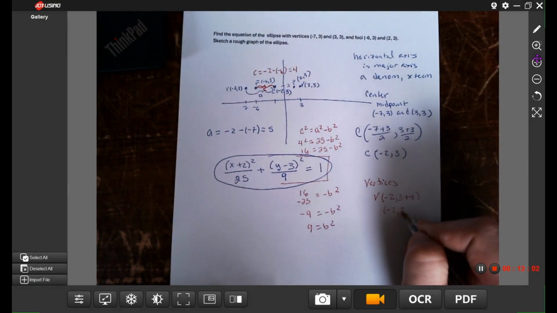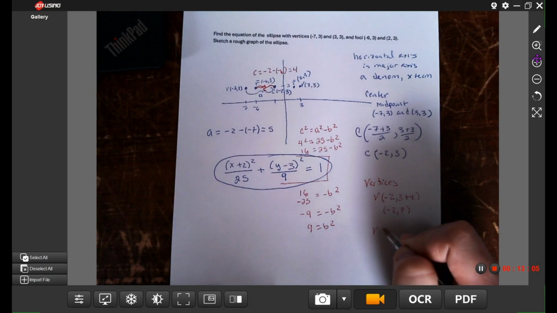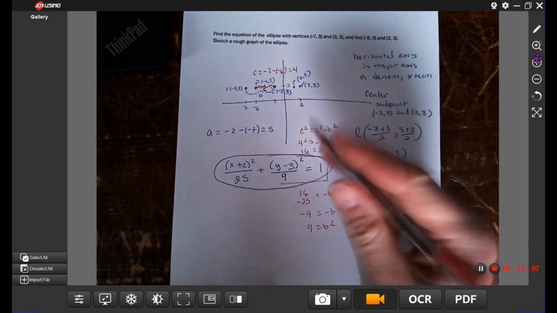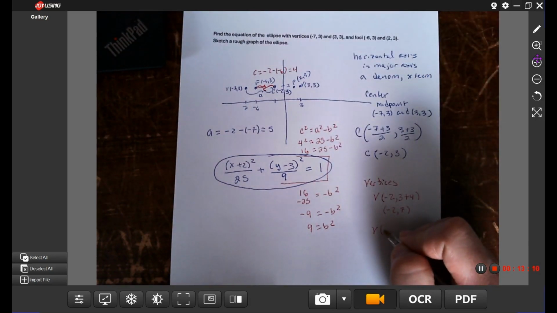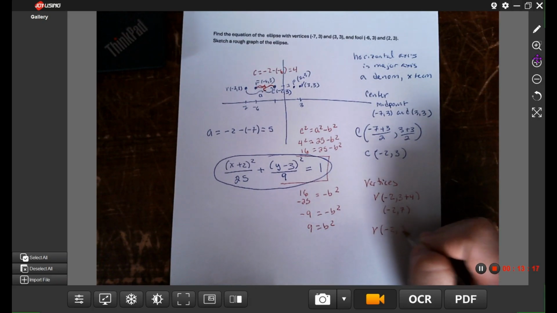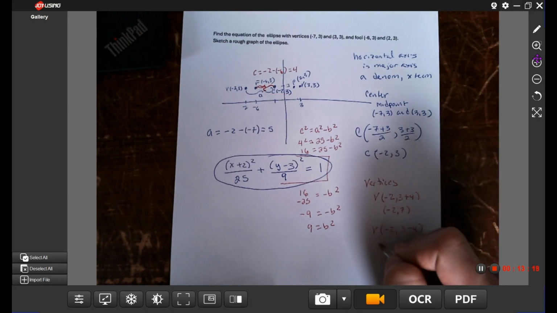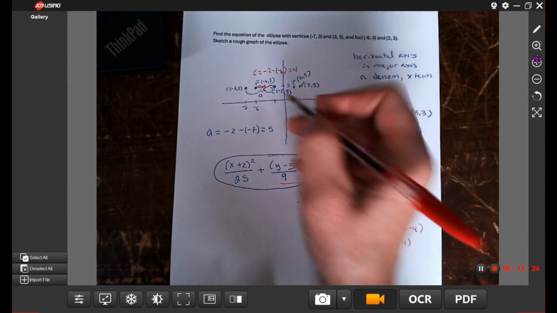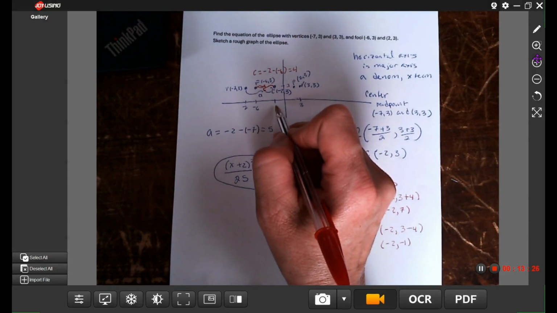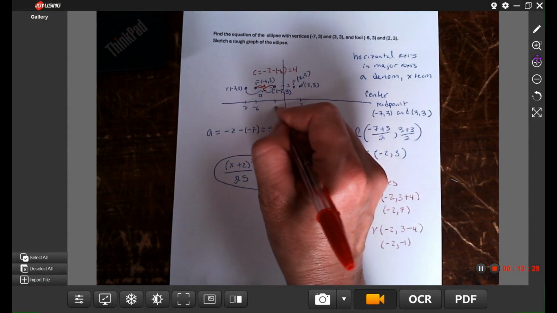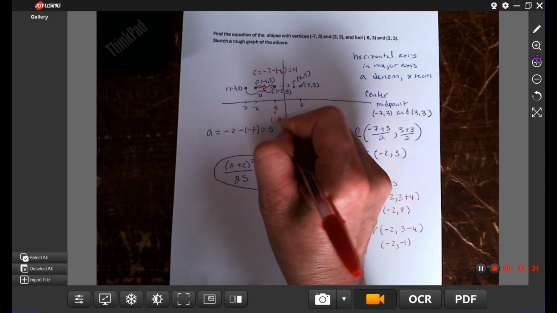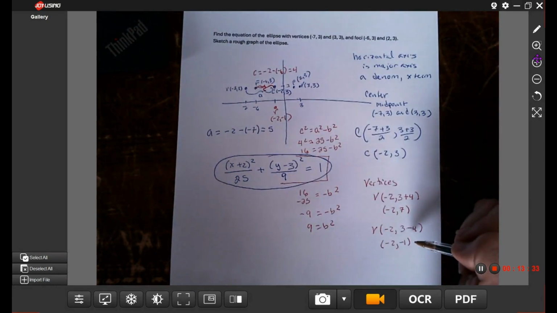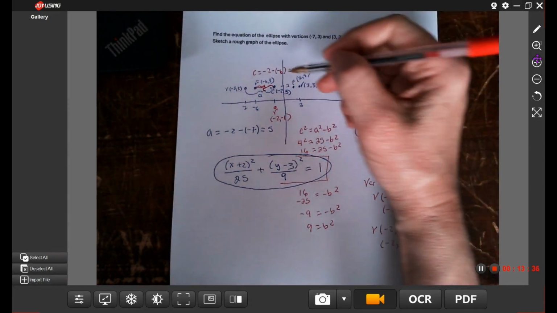So that would be negative 2, 7. And I'm going to write it down and then I'll plot them. The center again, so negative 2, so don't move in the x direction, take the center and move it down 4, that will give me the other vertex, which is negative 2, negative 1. So I have a vertex at negative 2, negative 1, and I have another one at negative 2, 7.